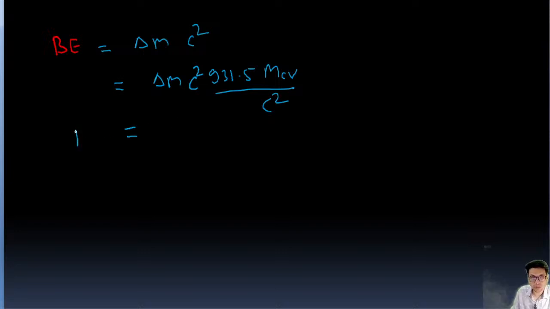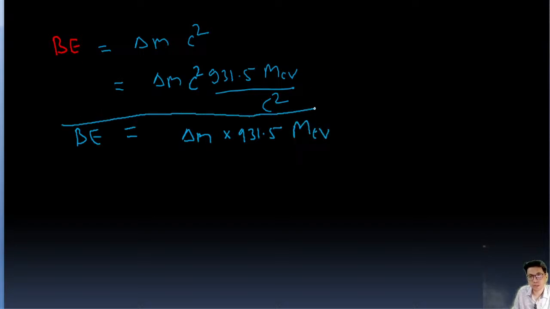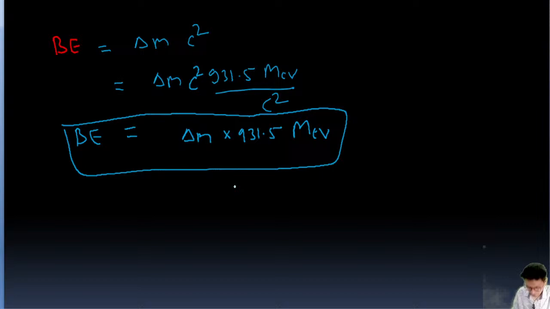So binding energy is delta M into 931.5 MeV. This is the binding energy in mega electron volt.